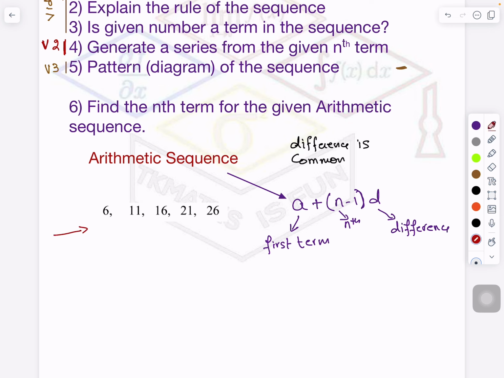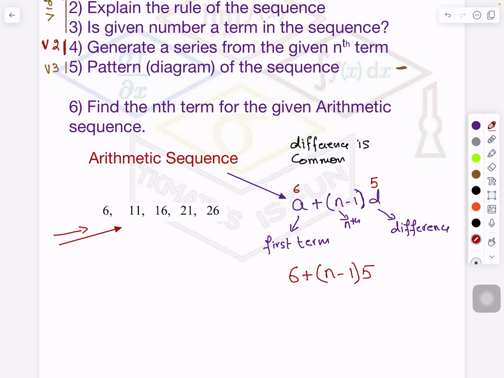Yes, you are right, 6. So in place of a, I will write 6. I will not touch n because I have to find the nth term formula. What was the difference between each term? Yes, it was 5. So in place of d, I have written 5, and in place of a, I have written 6.